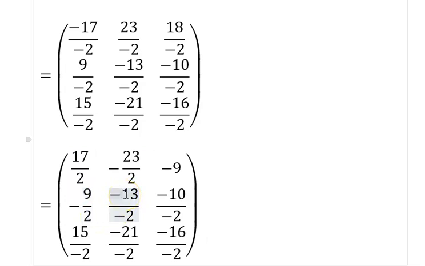Here this minus will cancel this minus, so we'll be left with 13 over 2. Here this minus will cancel this minus. 10 divided by 2 will give us 5. We'll be left with 5 here. Beautiful.